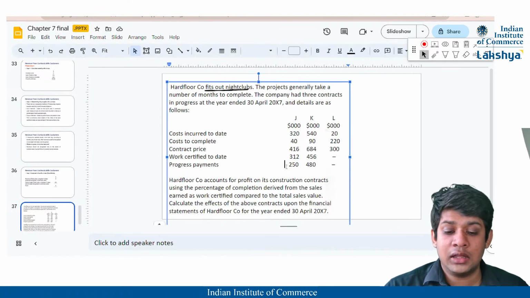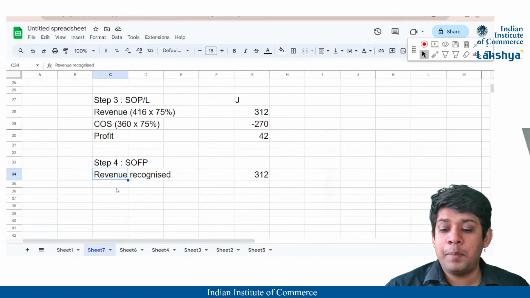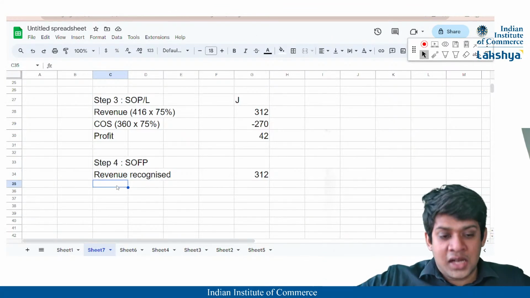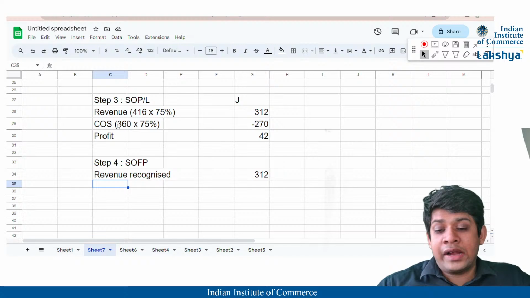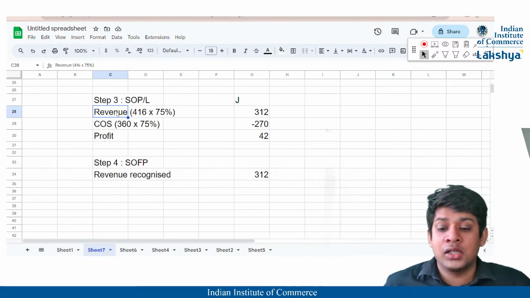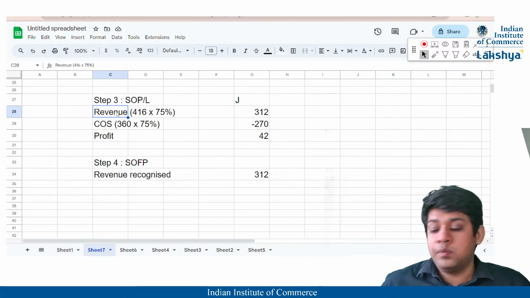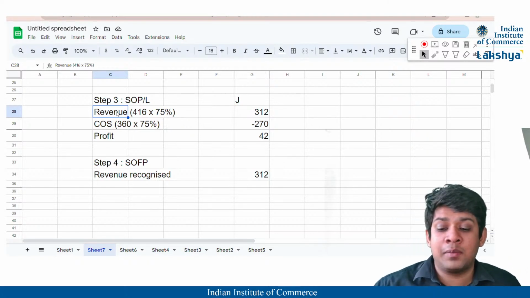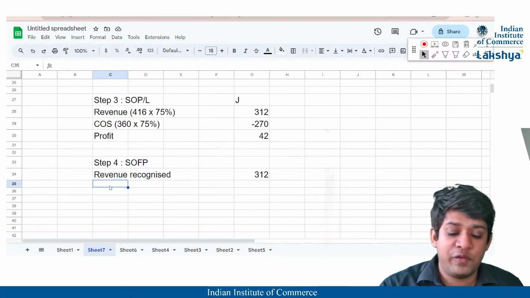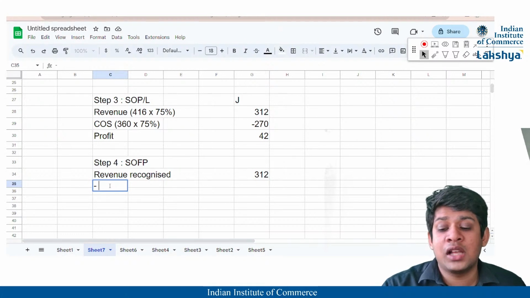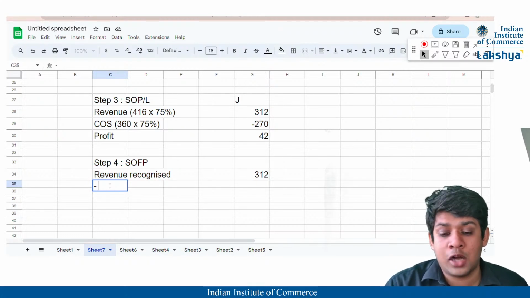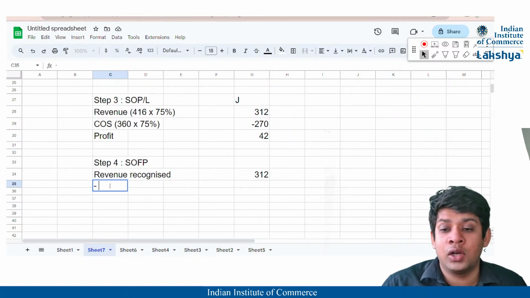From this, there is any progress payments, that is 250. The payment has already been made by the customer, right? I can recognize this much revenue. That means if I have recognized this much revenue, the customer will pay me that much in the future date. Now, from this, the customer has already paid me some amount. So that will be removed because that is no more a part of my asset that has already been paid for.